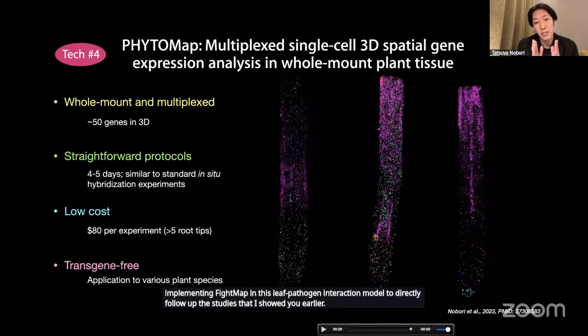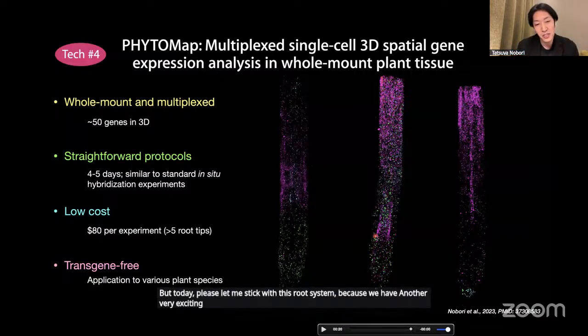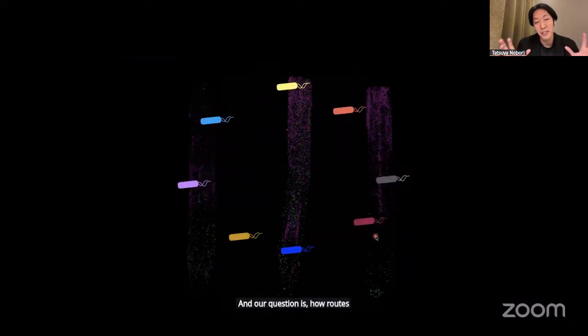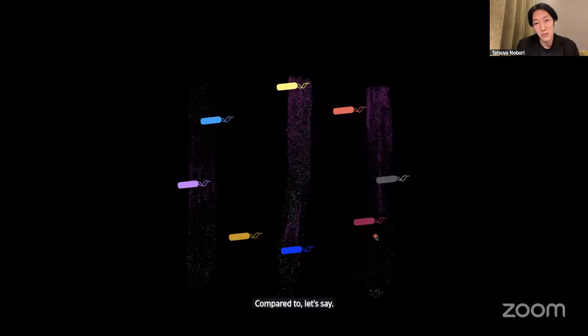But today, please let me stick with this root system, because we have another very exciting line of research using root. And our question is how roots interact with the surrounding microbiome in the soil. The root microbiome interactions are arguably even more complicated and heterogeneous compared to, let's say, plant versus a single pathogen.